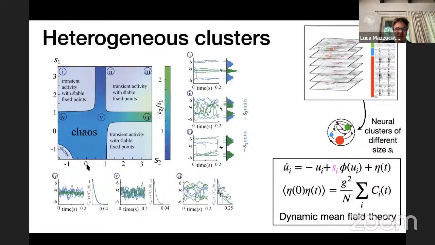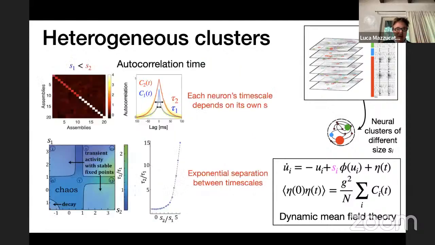If one self-coupling is small and the other is large, here in region 1, we have transient activity where the small self-coupling population fluctuates around 0. The large self-coupling population fluctuates around large values. And yeah, there's a very cool phase diagram, but I'll skip it for now.